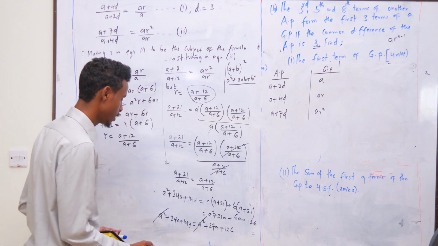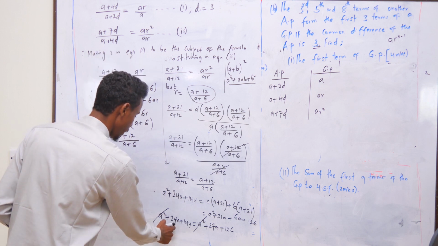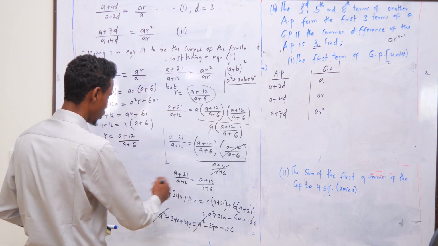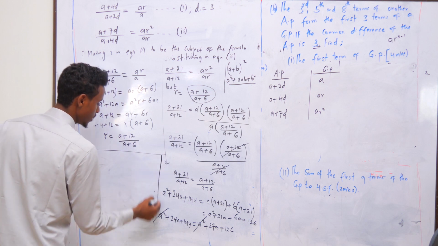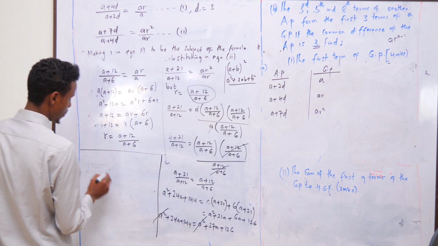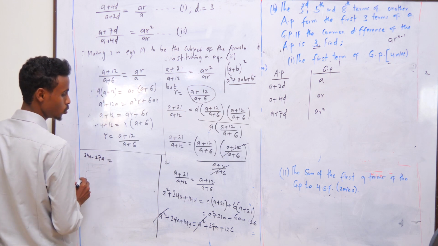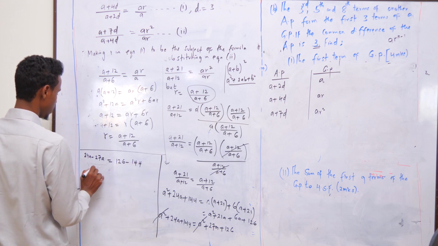Now we're going to have an equation like this: 24a here, 27a there. Now let's take them to different sides. Let's say we bring 27a over: 24a minus 27a is equal to 126 minus 144.